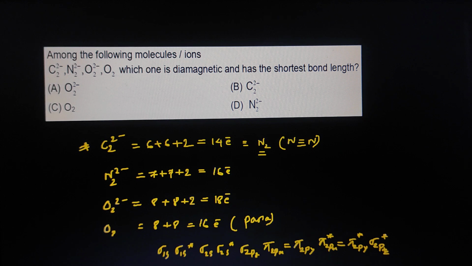So this is the energy order for molecules with more than 14 electrons.